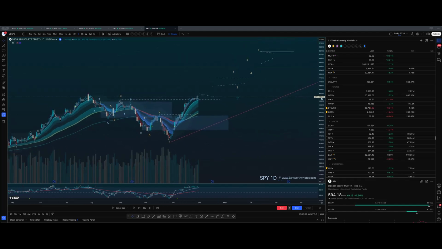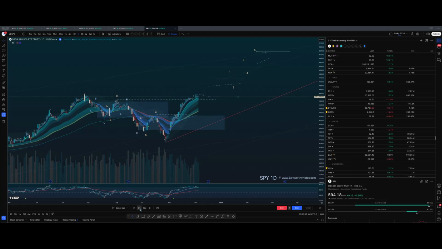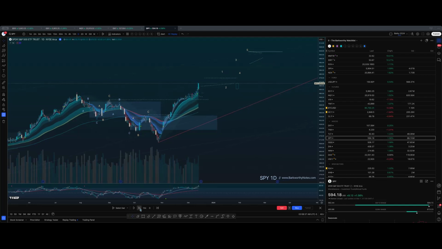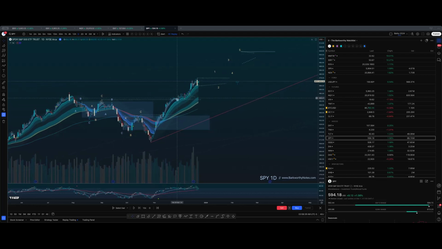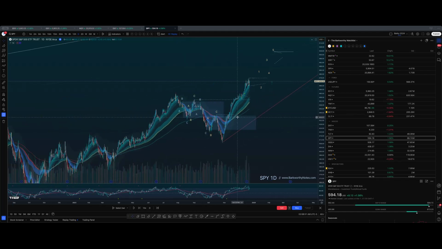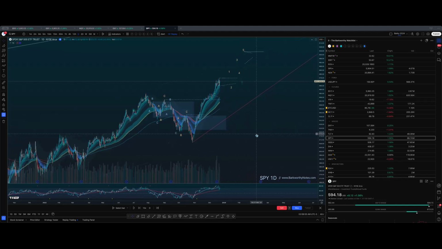When a wave three takes off, it rarely lets you in, unless you have a system that tells you how to get in, because you don't get anything. Look at this, right? So good luck with your Elliott wave. 1, 2, 3, 4, 5, ABC. You were waiting for your ABC and it didn't give you anything, right? So, yeah, beautiful.